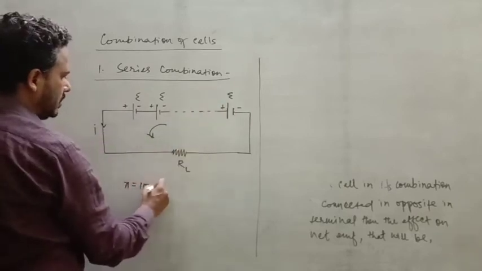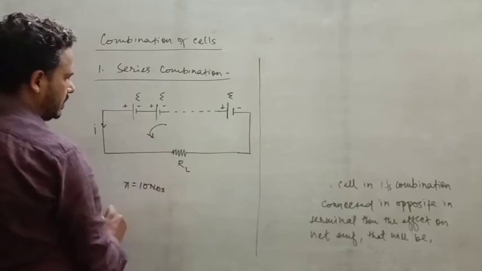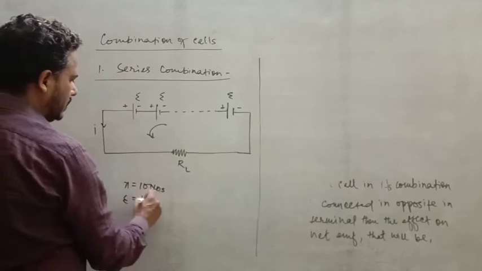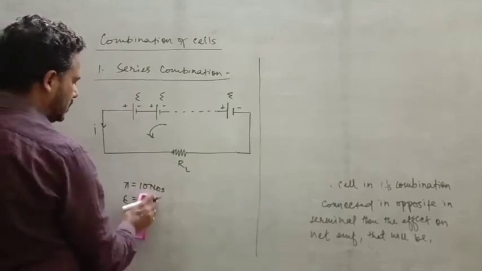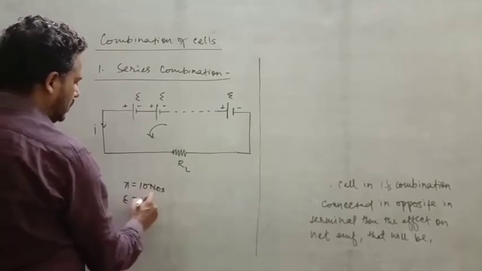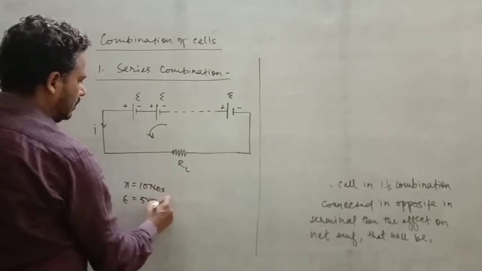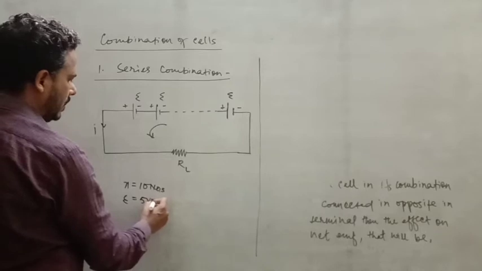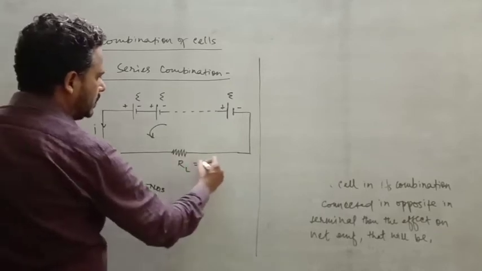And the magnitude of each EMF is 5 volt. Now this RL, suppose 2 ohm.